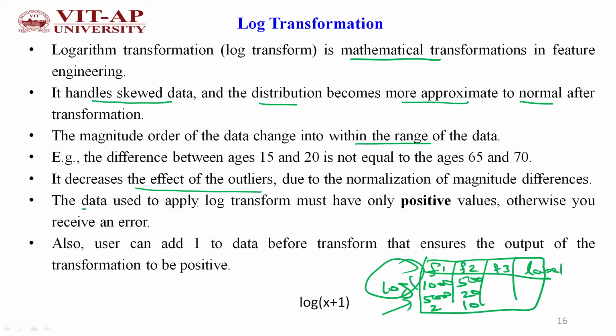This transformation must have only positive values, otherwise we will get an error. It cannot be applied to negative values. Also, you can add 1 to your data before applying the logarithmic transformation, to ensure that your values are going to be positive.